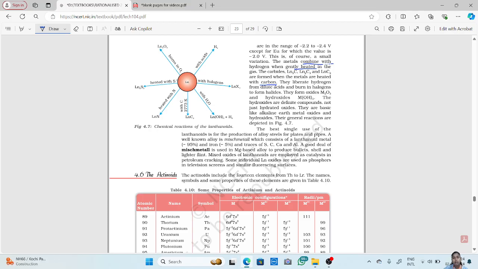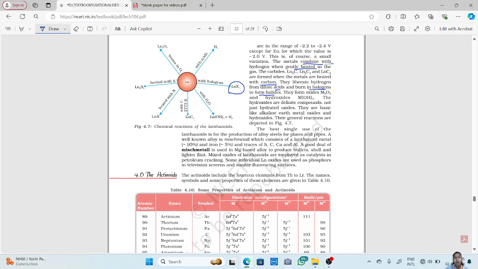With halogens, they form halides. These are the reactions, and they are explained here.